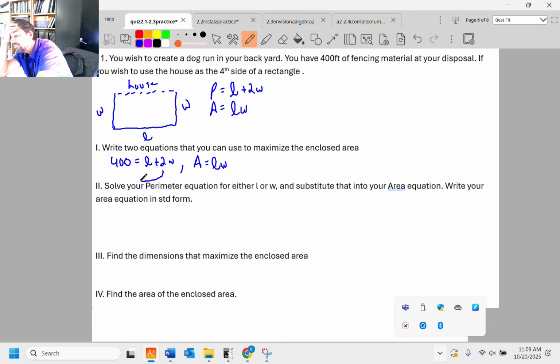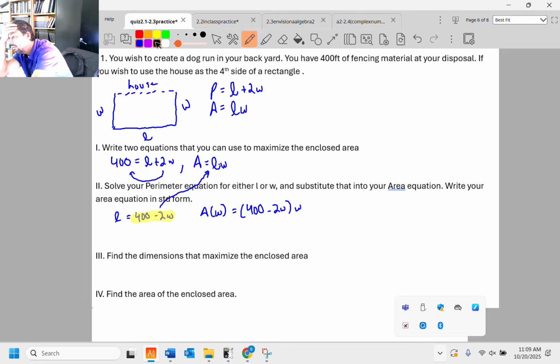So it's really simple to solve this one for length. The length is simply 400 minus 2 widths. Now, what can I do with that? I can take that and I can plug it right in. Now what I have is area as a function of W because the only variable in here is going to be W. So area as a function of the width is 400 minus twice the width times this width right there.